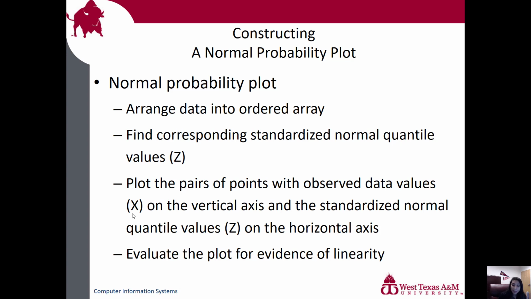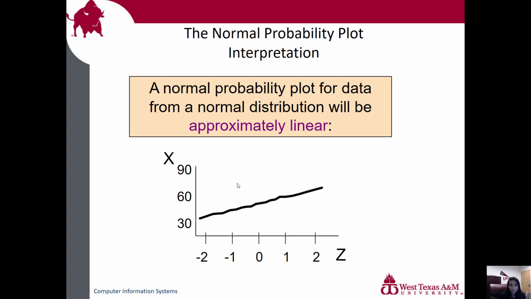Then you're going to want to plot the pairs of points with observed data values on the vertical axis, and then the standardized normal or the z values on the horizontal axis. And like I mentioned earlier, you want to look at the plot to see if it's a positive linear plot.